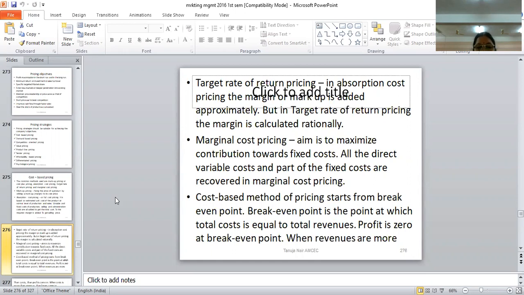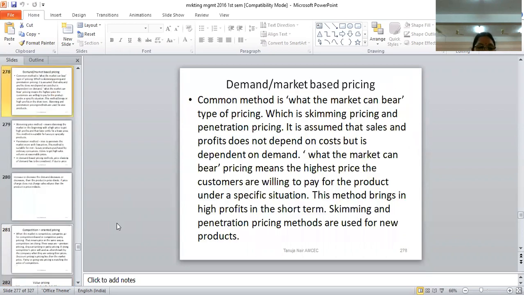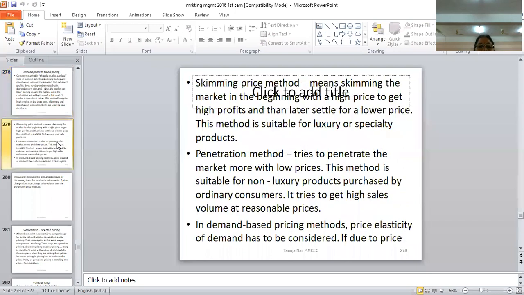So the cost-based pricing method usually starts from the break even point. Break even point is the point where the company gets neither profit nor loss. So from that point, the company starts to calculate what will be the price of their product. This is the formula which they usually follow for the break even point, and from this point they will decide the price of the product.